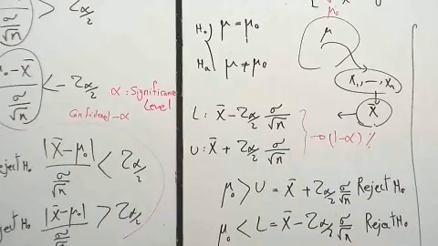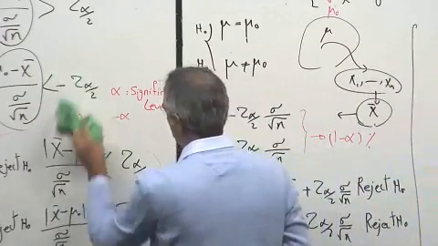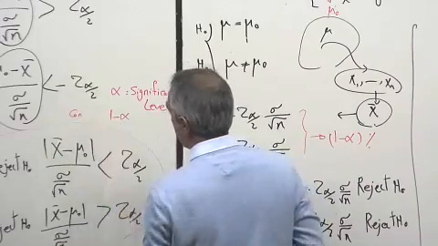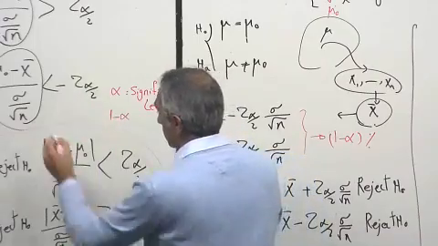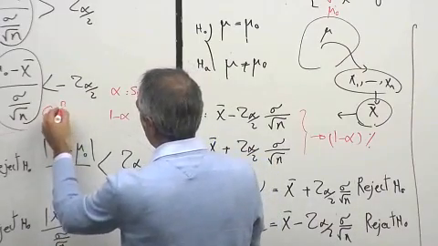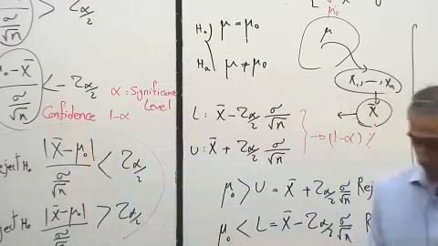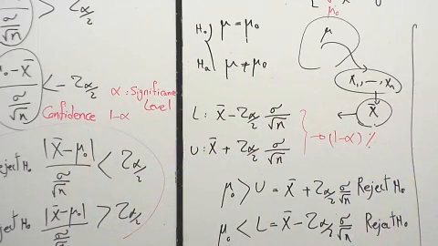Okay? So confidence level and significance level. That's confidence, and the other one is significance. Is it clear? Any questions? The concept is clear.